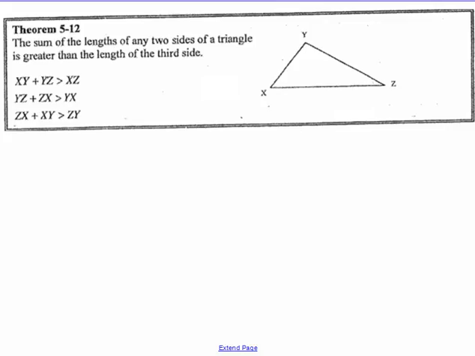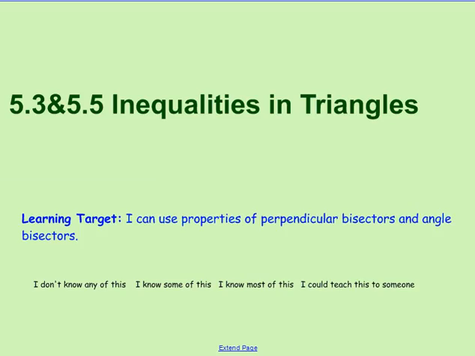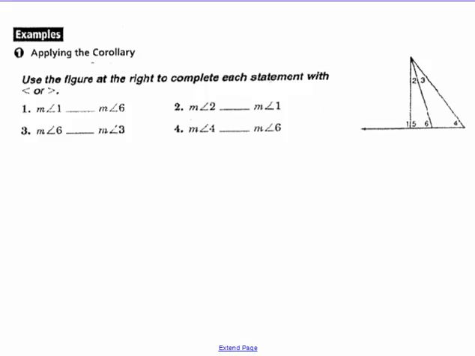Again, this side plus this side is greater than that side. Finally, this side plus this side is greater than that side. That's all we're saying. So now we move on to the examples.